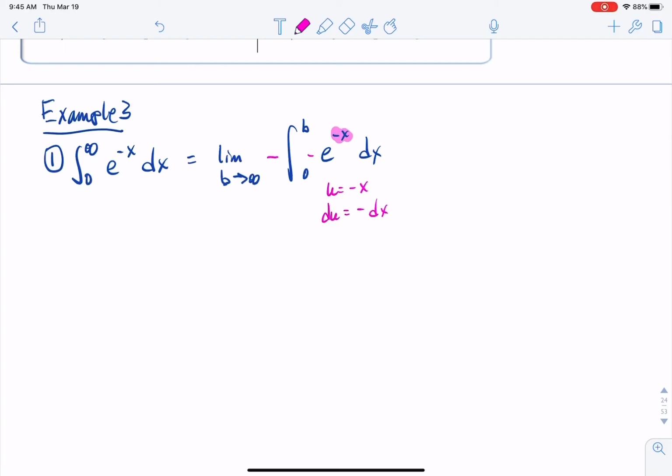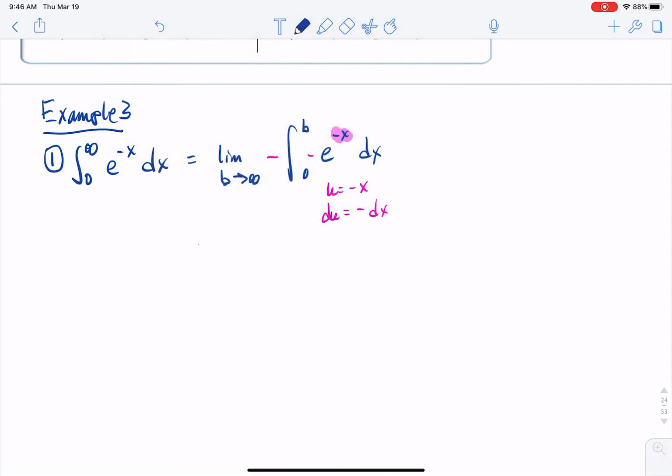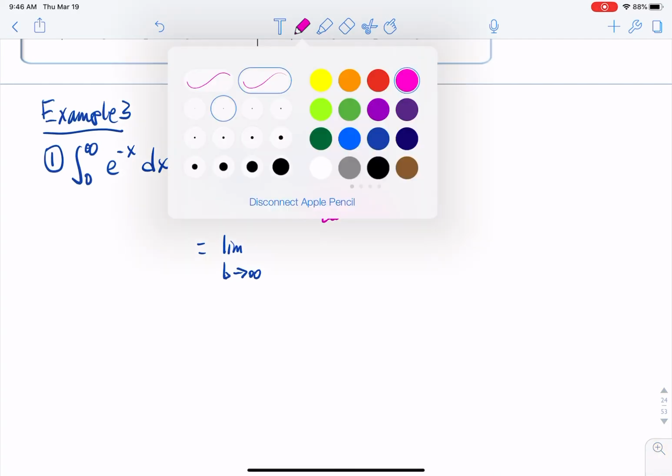Now, I'm not going to go through all of the trouble, especially when we have these improper integrals and we have this limit involved, of rewriting the bounds of integration. I'm just going to leave it in terms of x whenever I evaluate this thing. So we got the limit b goes to infinity. And now take the antiderivative. This would have been something like just e to the u. So e to the u's antiderivative is e to the u.